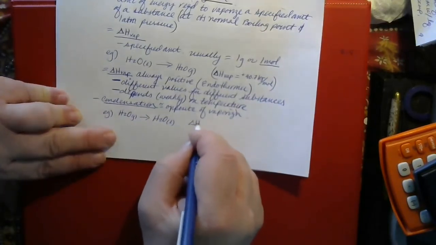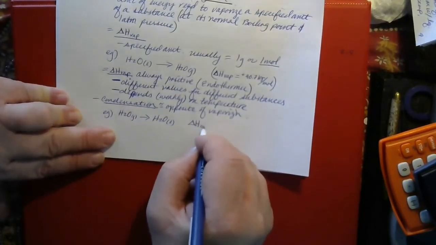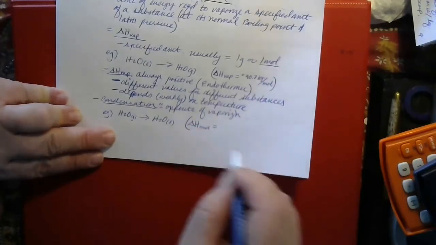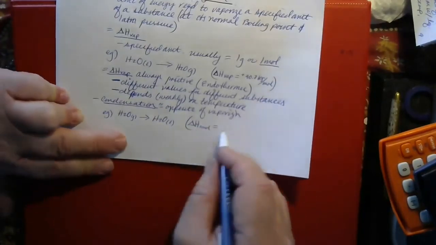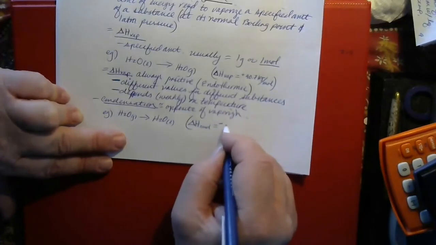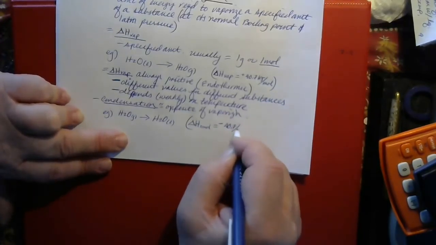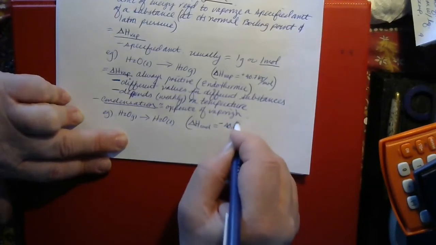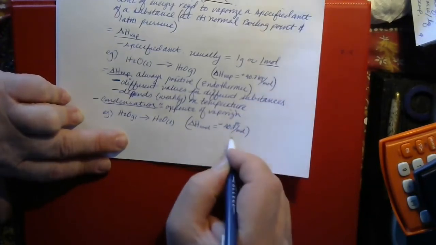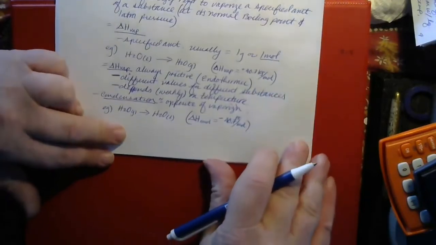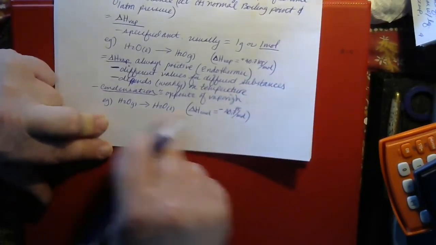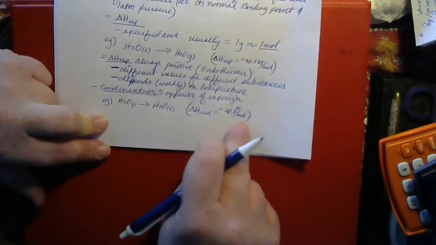And the delta H for this process, which I'm going to call the heat of condensation, would be the same number, but with the opposite sign. So that would be negative 40.7 kilojoules per mole, because this process would be giving off that much energy per mole.